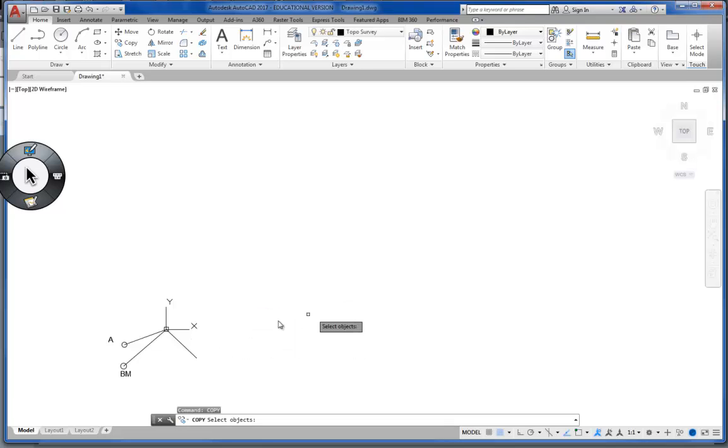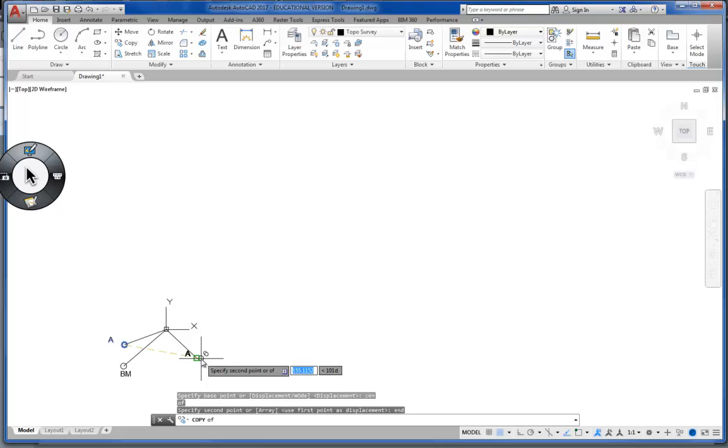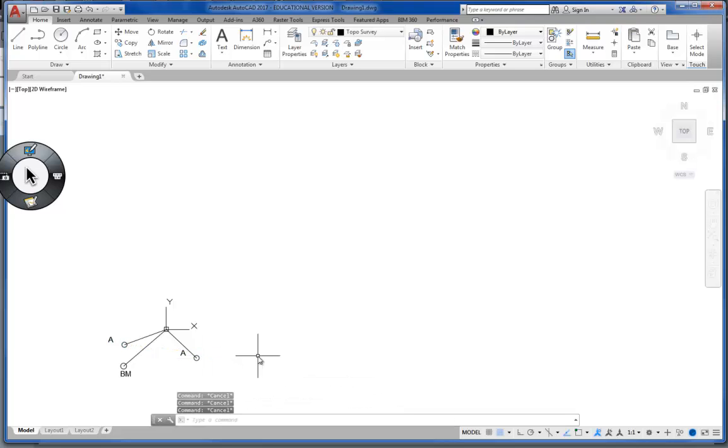And I'm going to copy this and this from the center of here to the end of right here and DD edit. And this will be B. Move.